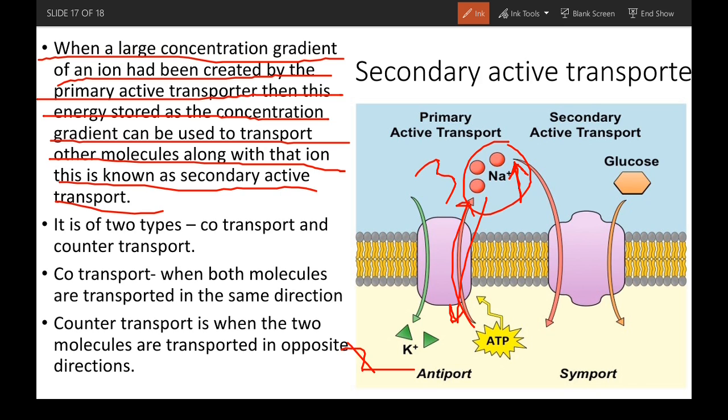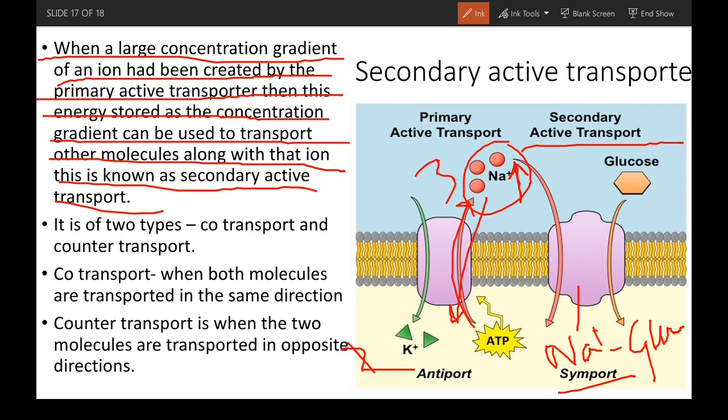So this energy stored as the concentration gradient of high sodium concentration outside can be used to pull other material along with it, right? So here we can see a secondary active transporter like the sodium glucose symporter.